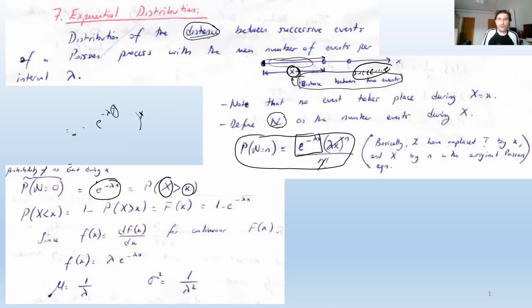Therefore, what we have found here is that the probability of n equal to 0 is equivalent to saying the probability that the next event is going to be at least a time interval of x, lowercase x, away. So the next event is going to take place after a time distance of x intervals. I don't know whether this was clear enough, but I hope you get the idea.